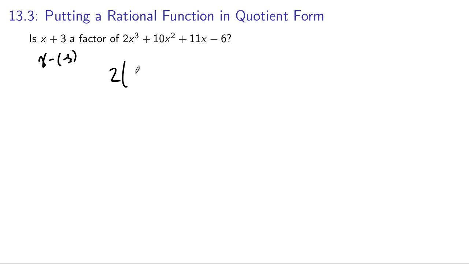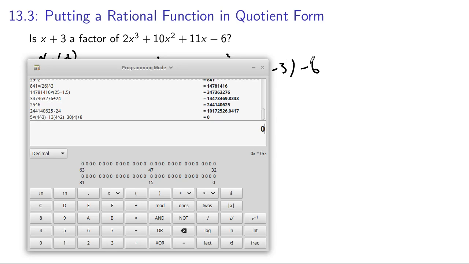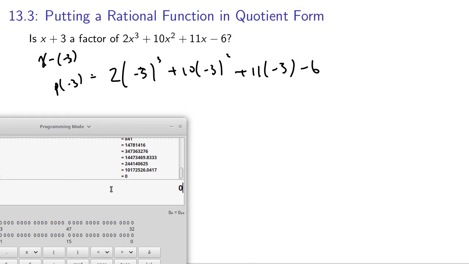So we want to find p of minus 3, which would be 2 times minus 3 cubed, plus 10 times minus 3 squared, plus 11 times minus 3 minus 6. To prevent making a mistake, we'll do this a little bit at a time.